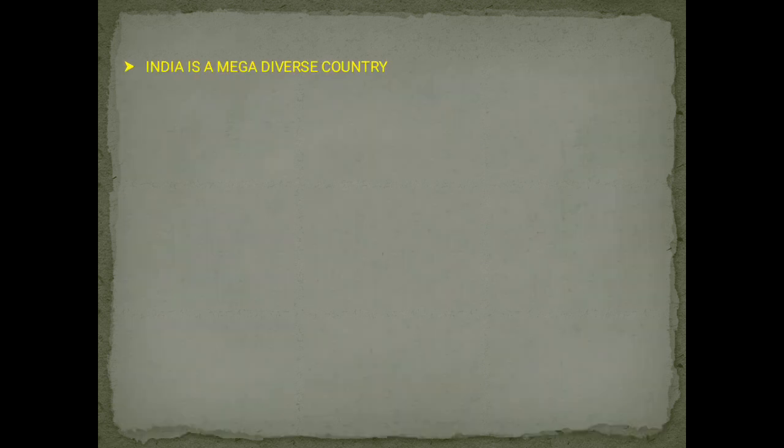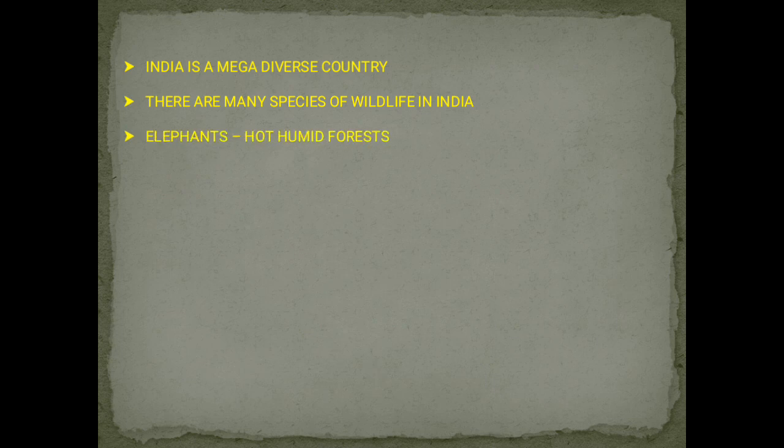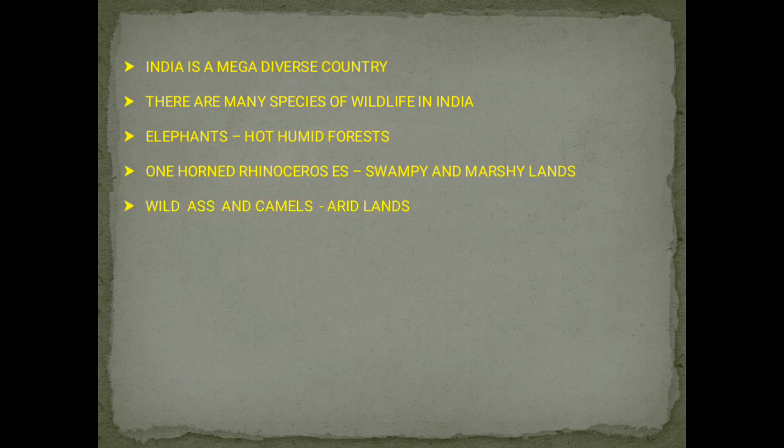India is also a mega diverse country in terms of wildlife. There are many species of wildlife in India. Elephants are found in hot and humid forests. One-horned rhinoceroses are found in swampy and marshy lands of Assam. Wild ass and camels are found in arid lands.